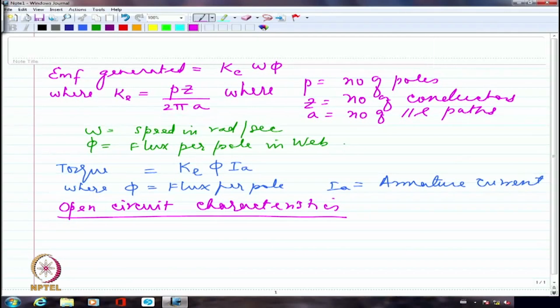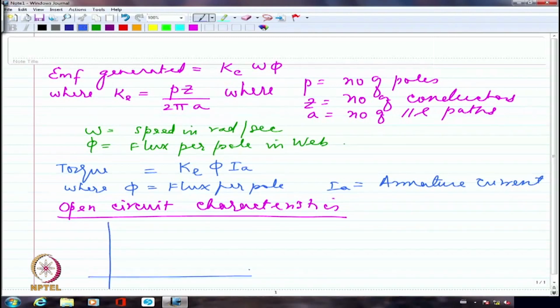That means I am looking at a field system having only an electromagnet, not a permanent magnet. I am going to inject a field current, and according to the field current that I am injecting, I am going to get different values of flux, because the MMF is changing, so the flux will also change.